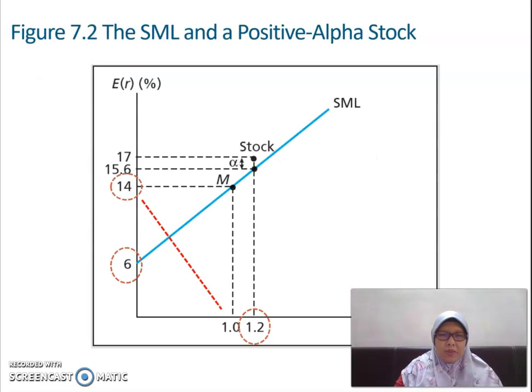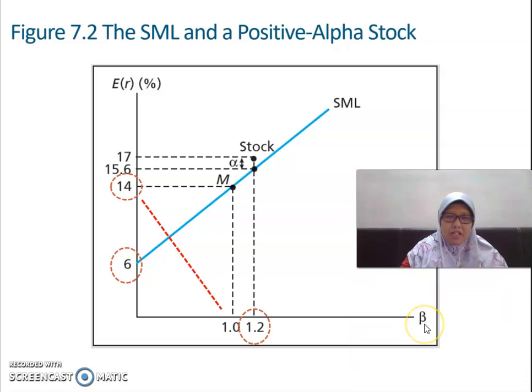You need to know 3 things in order to plot the SML. The first one is expected return versus beta, no more variance, beta. Now you plot the SML where it intersects at 6, because 6 is the risk-free asset. It means that when the risk is 0, you still get a return of 6% from T-bills.